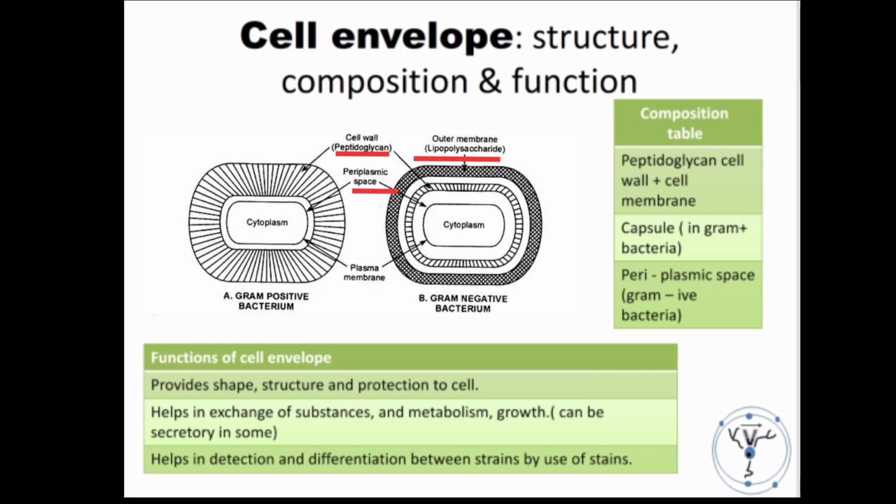Looking at the magnified view of the structure, we can see the presence of a layer of peptidoglycan with cell membrane. In certain kind of bacteria, this is also known as capsule.